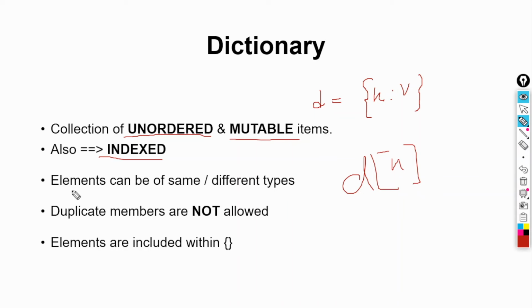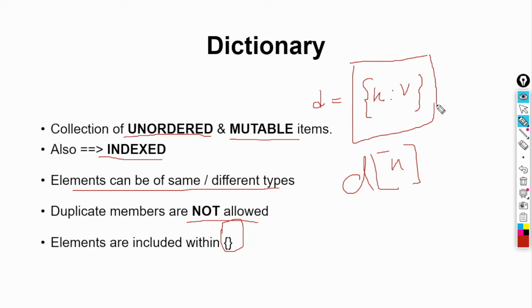Elements can be of the same or different types, and duplicate members are not allowed. That is, elements with the same key can never exist, and they are included within curly brackets. However, the essential difference between a set and a dictionary is that a set contains a list of elements separated with commas, while dictionaries have key-value pairs separated with commas. That's the entire difference.